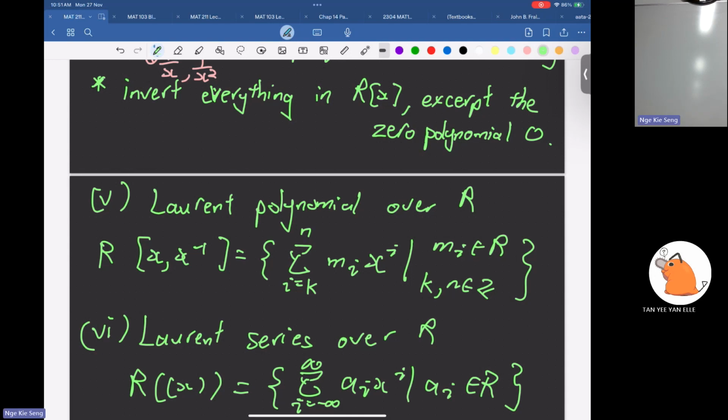But the addition and multiplication should be obvious. It's similar to the polynomial ring case. For finite linear combinations it should be just finite, but for infinite it's a bit tricky.